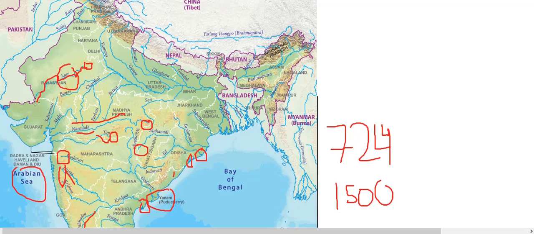First river is Indus, second Ganga, third Brahmaputra, fourth Godavari, fifth Krishna, sixth Mahanadi, seventh Kaveri, Narmada, and Tapi. So there are only nine rivers. You have to draw those nine rivers on the map. Okay, that will be good for you, and it will also help you enhance your practice.